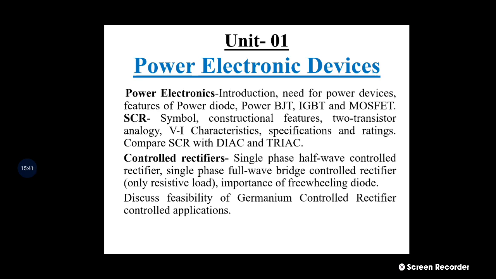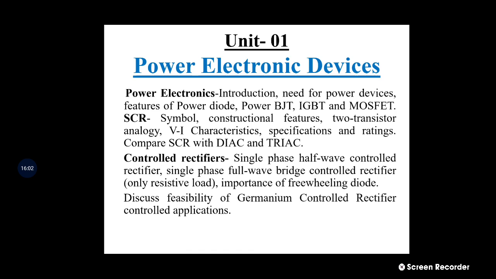In unit number 1, you are going to study the different power electronic components such as BJT, IGBT, MOSFET, SCR, DIAC and TRIAC. You are going to study the definitions and working of these components.